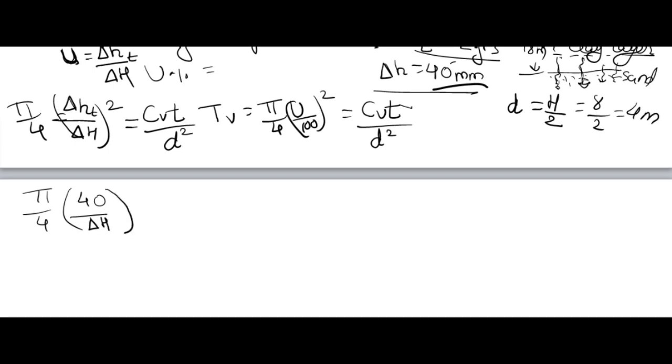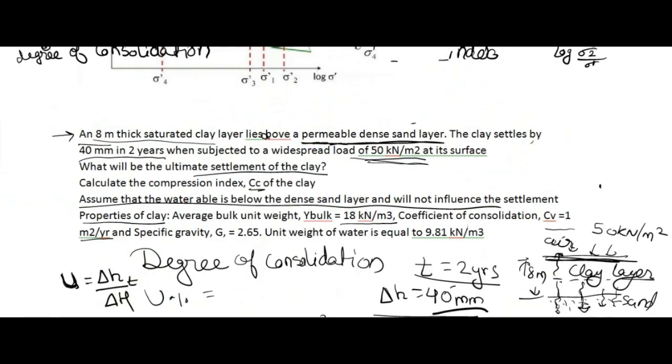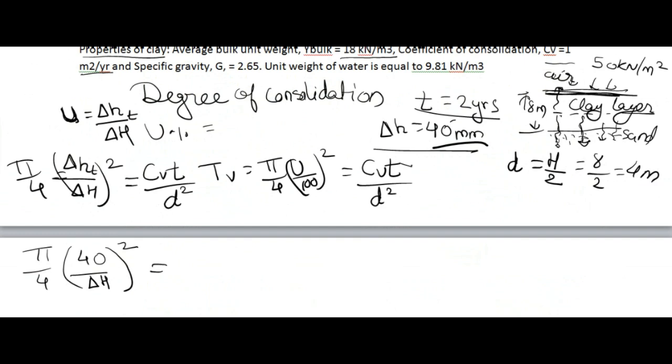The total settlement delta h whole square will be equal to, now Cv is the coefficient of consolidation, which is given in the problem as 1 meter square per year, and time t is given as 2 years. This is in meter square per year and this is in years, so we don't have to convert any units. Divided by d square, where d we found to be 4, so 4 square.